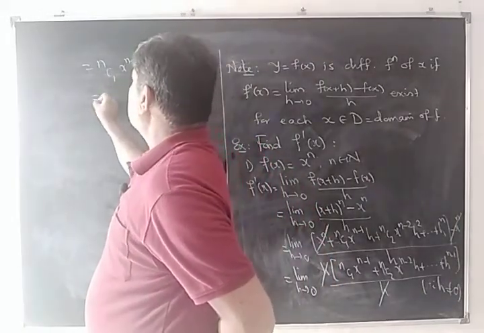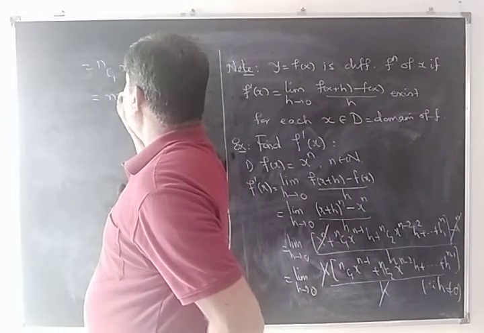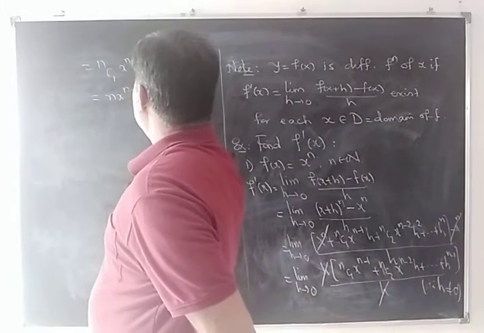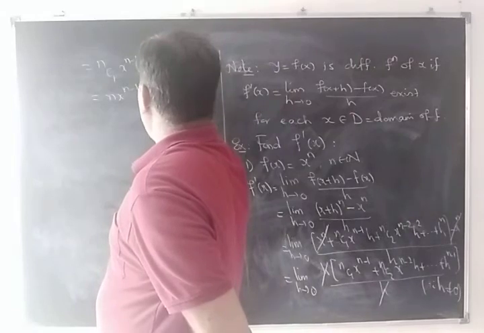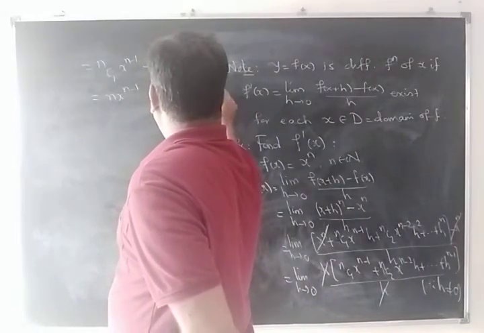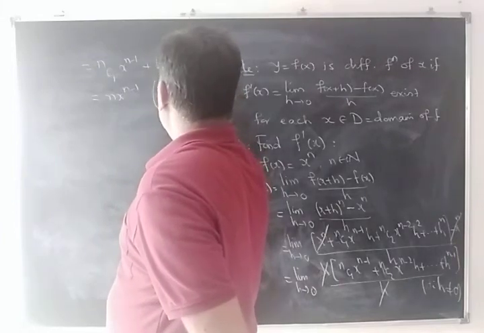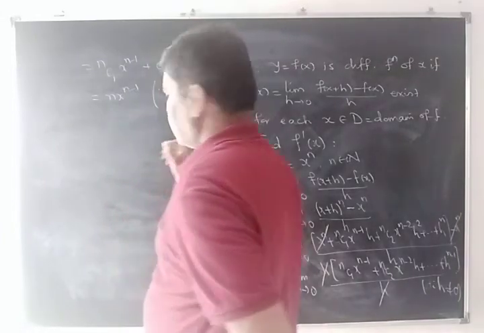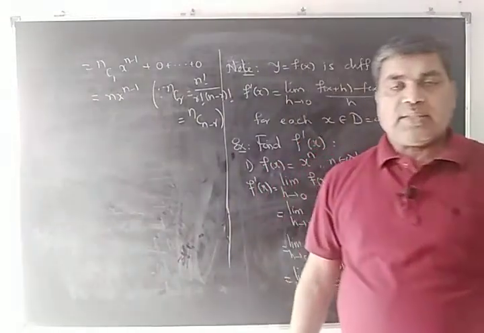nC1 is n, so n into x^(n-1). Since nCr is equal to n factorial upon r factorial into (n minus r) factorial, which is the same as nC(n-r).